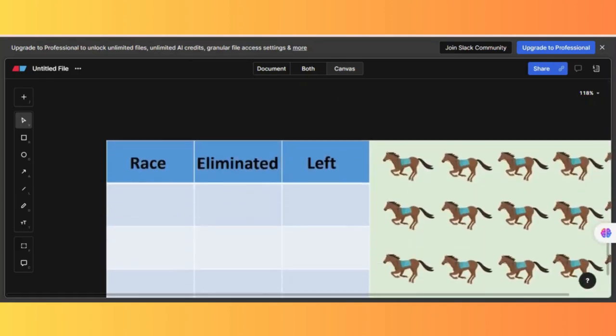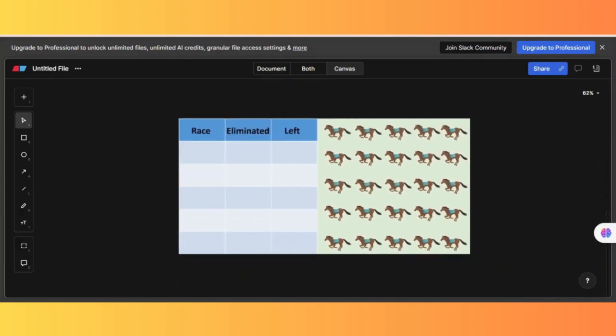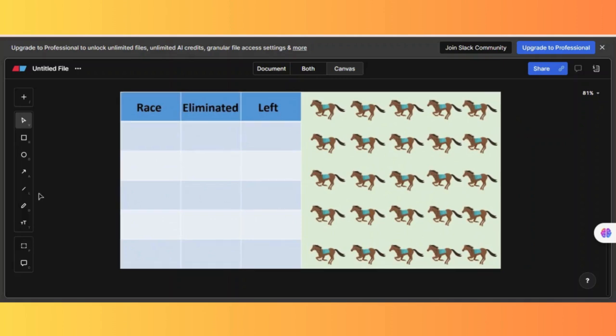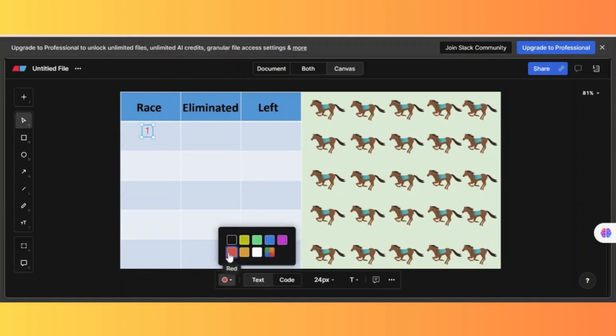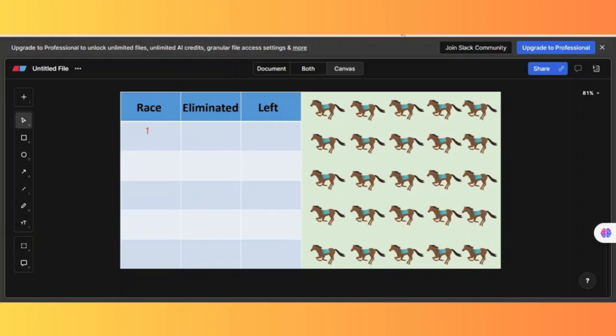For solving this question, we have an elimination method for these types of questions. At the start, at race one, I can do that for these five horses. I will simply deduct these two horses because I have to find the fastest three horses.